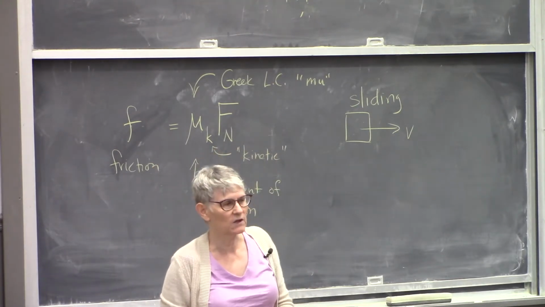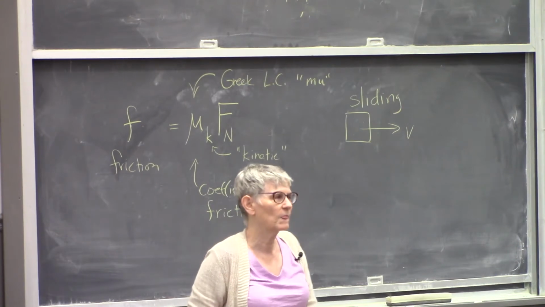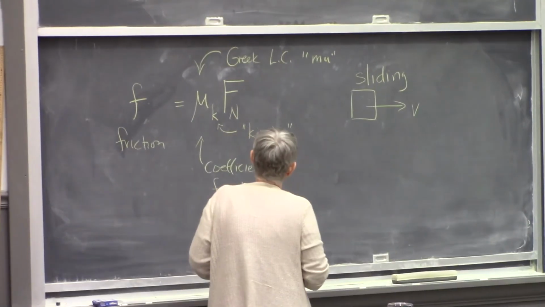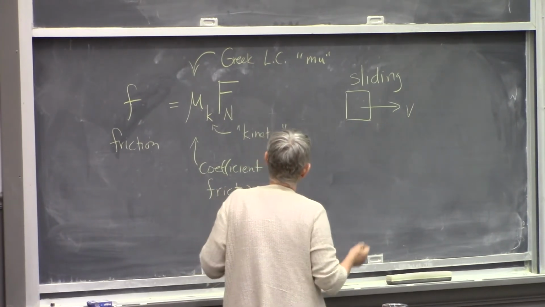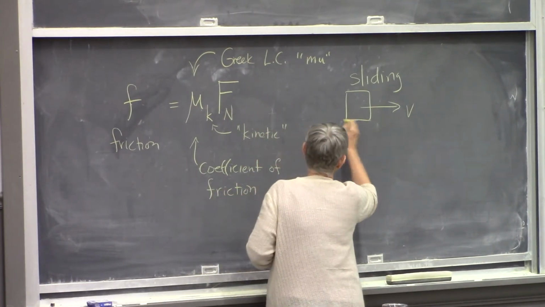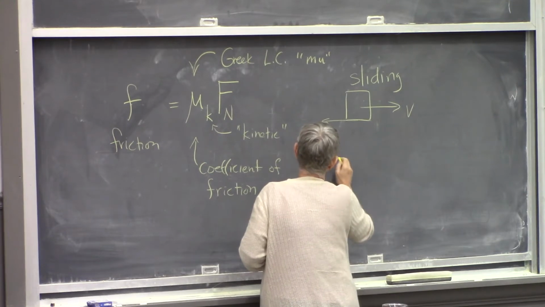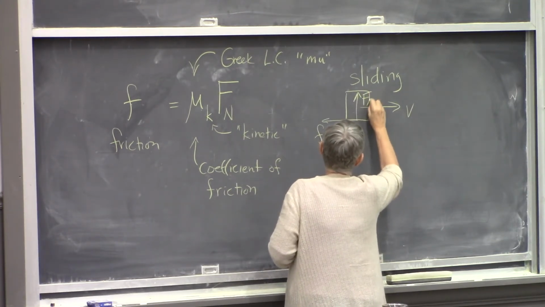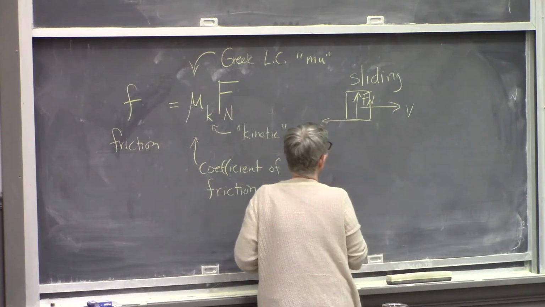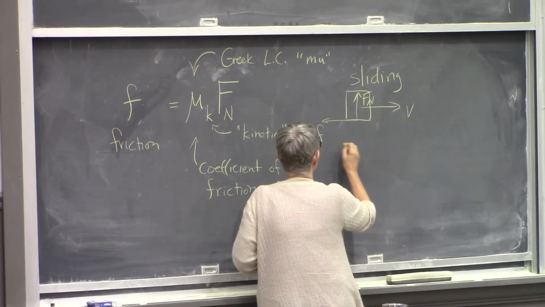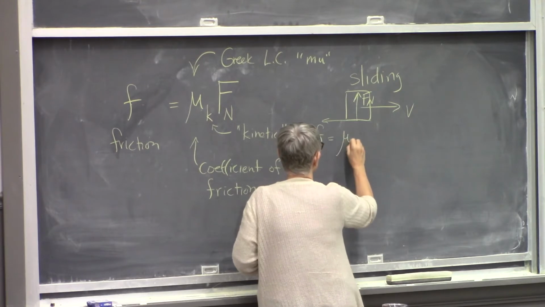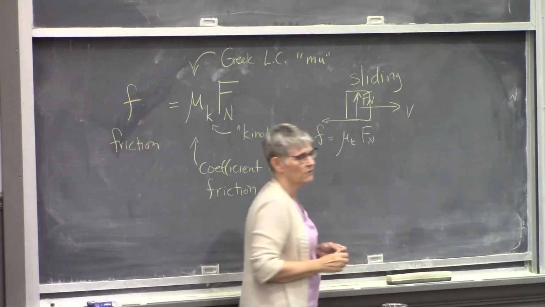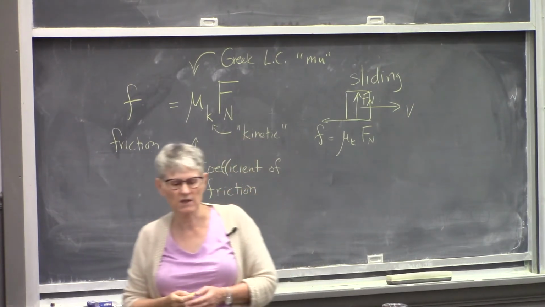It comes from the Greek. So now, here's going to be our friction force. Here's the upward component of the force by the table, and so this is going to be equal to this coefficient of kinetic friction times this normal force. And that's pretty easy to calculate.